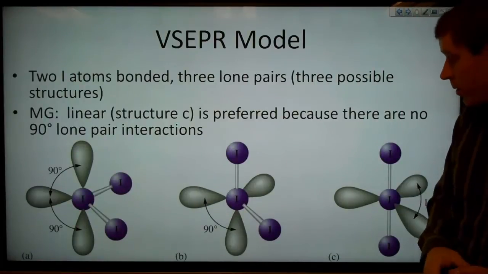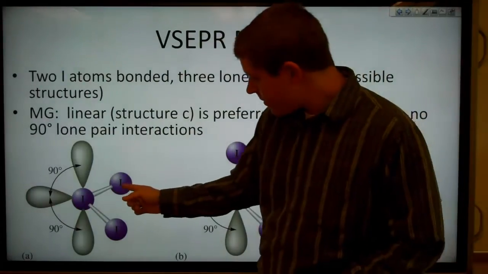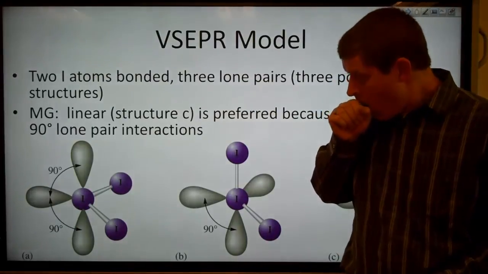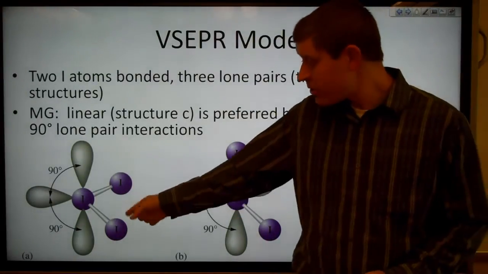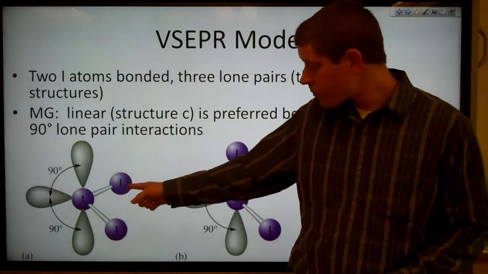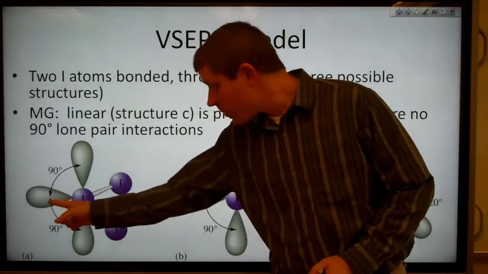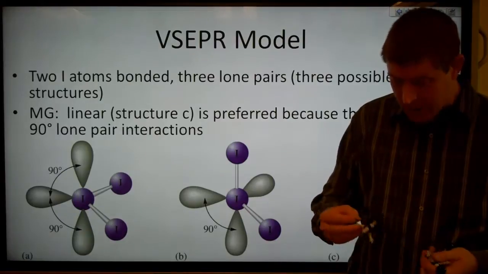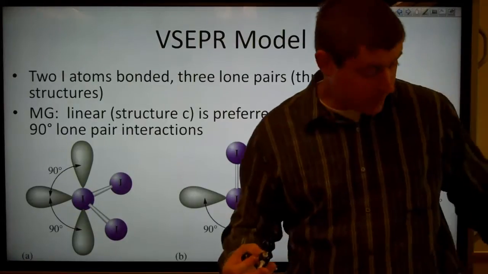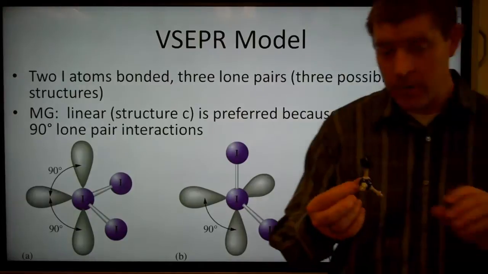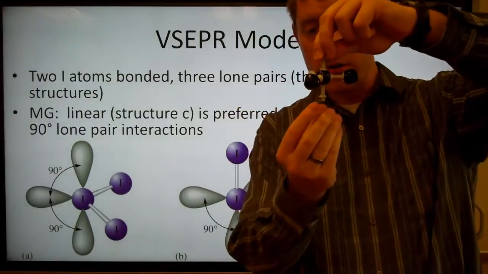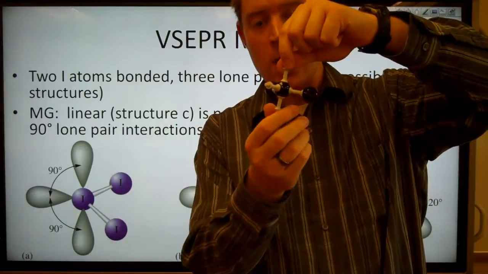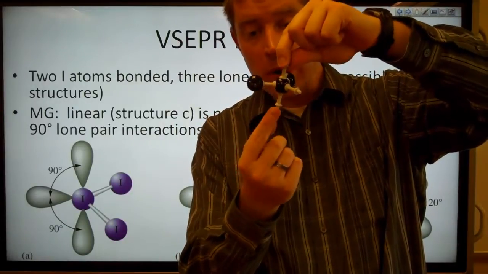Well, we could have 2 of our iodine atoms bonded in the trigonal planar plane. And that would look something like this structure, where we have our axial positions, we have our lone pair here and there.